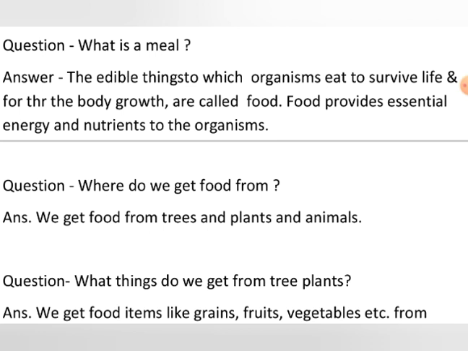The edible things which organisms eat to survive and for body growth are called food. Food provides essential energy and nutrients to the organism. It is the definition of the meal or the food.